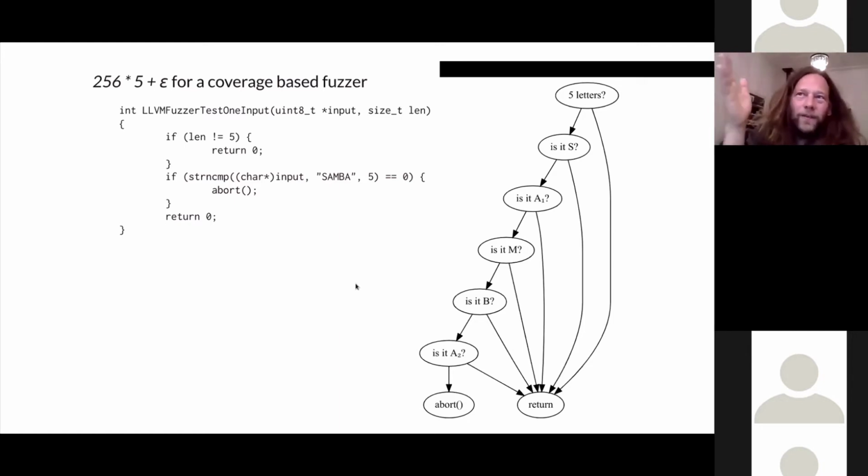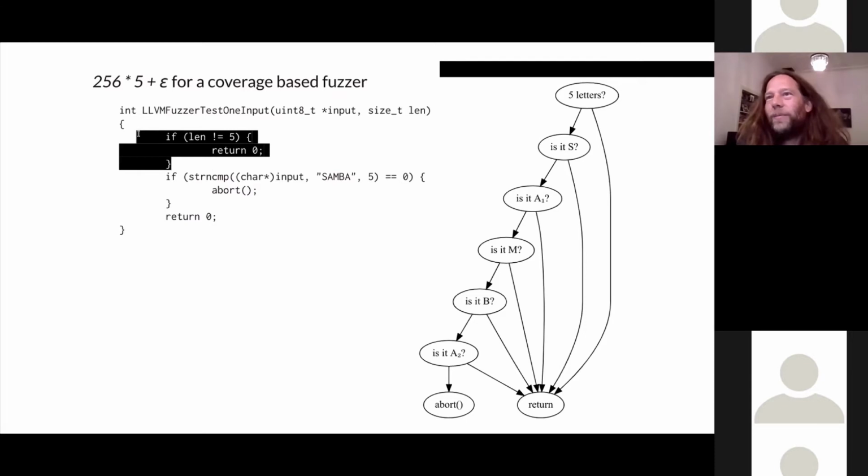And the first part of the puzzle is that it says, oh well, I keep returning 0, I keep going in this branch until it finds something with length of 5. So we don't know how long it'll take to do that, but we're calling it epsilon.